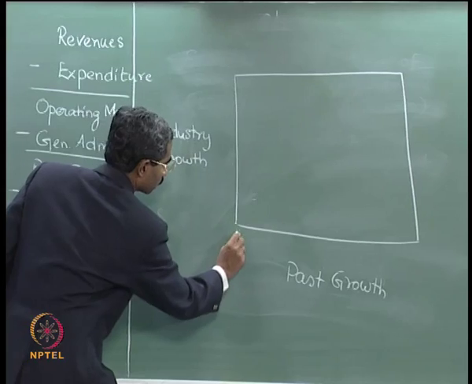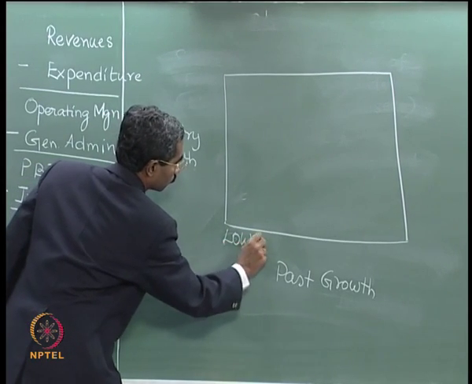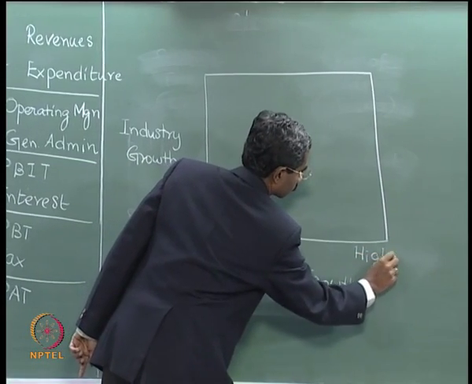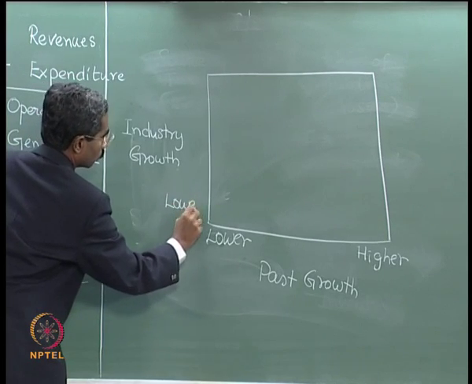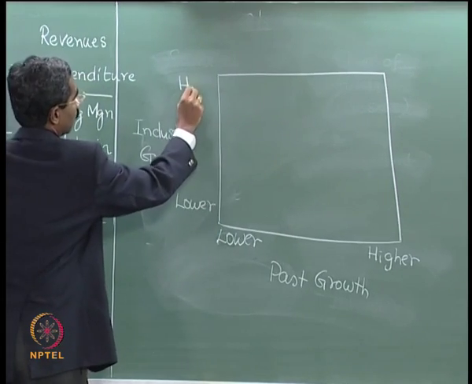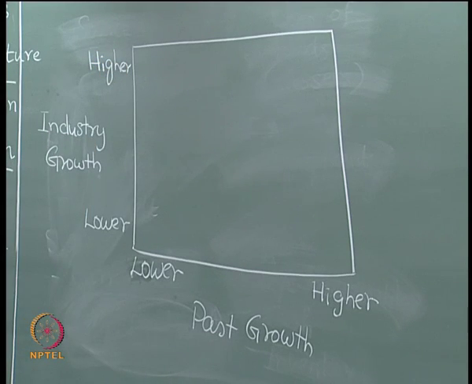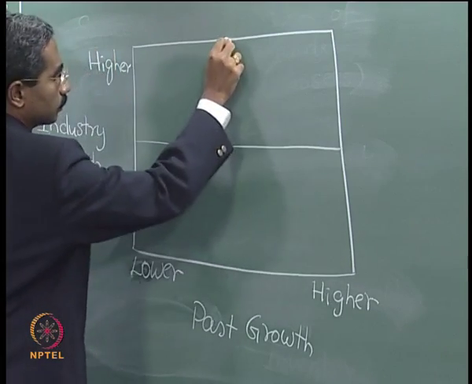So, let us say that it is lower or it is higher. Similarly, lower on this scale and higher on this scale. And we divide this into 4 quadrants.